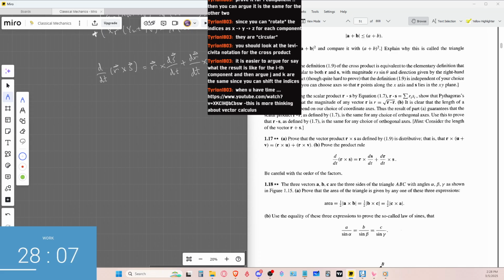Maybe we'll do that in the next section. Let's put T over here so it makes it easier to see. I don't know why I put parentheses there. Didn't need to do that.